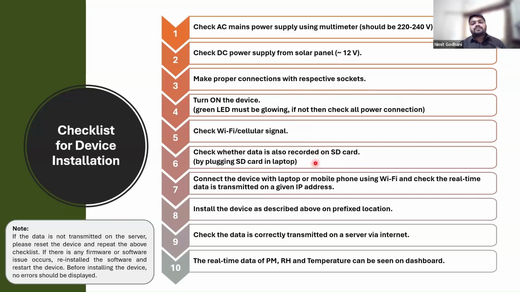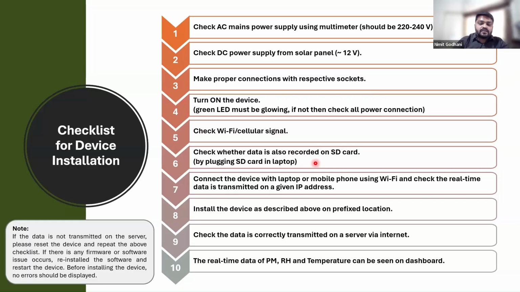So what we do in this case: when we install the device in the field, you can then live check it in the mobile application or web application. We can see whether the data is transmitting in real time or not.